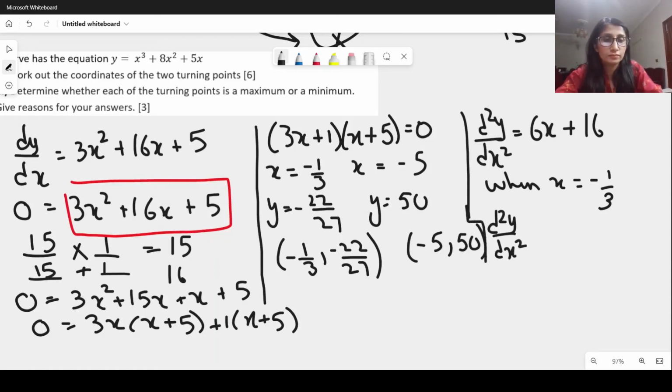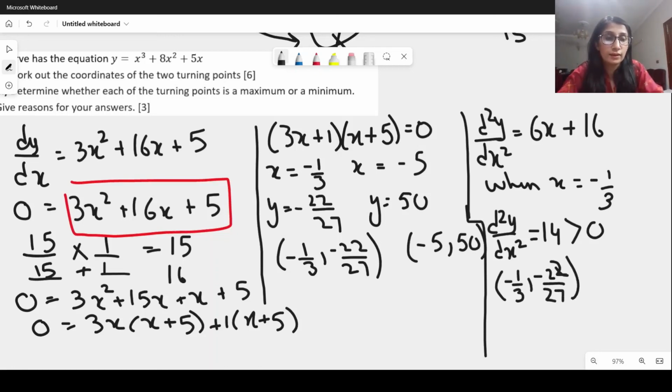Let's see. So 6 times minus 1 by 3 plus 16 gives a positive value, which is greater than 0. Hence, this turning point, minus 1 over 3 comma minus 22 over 27, is minimum.